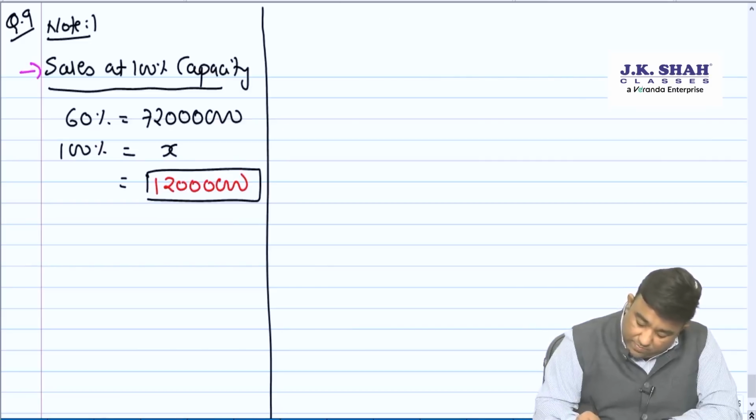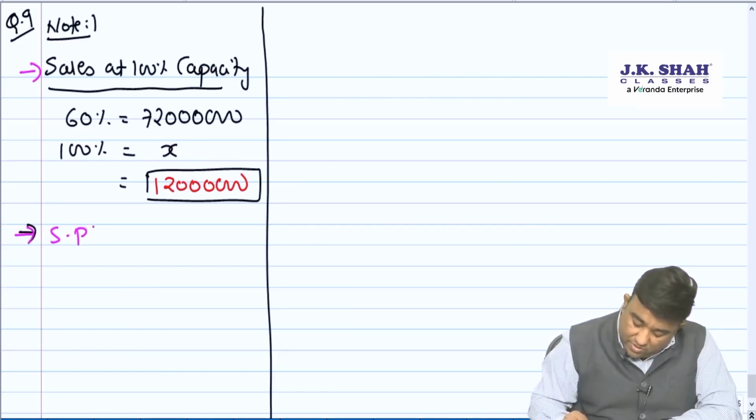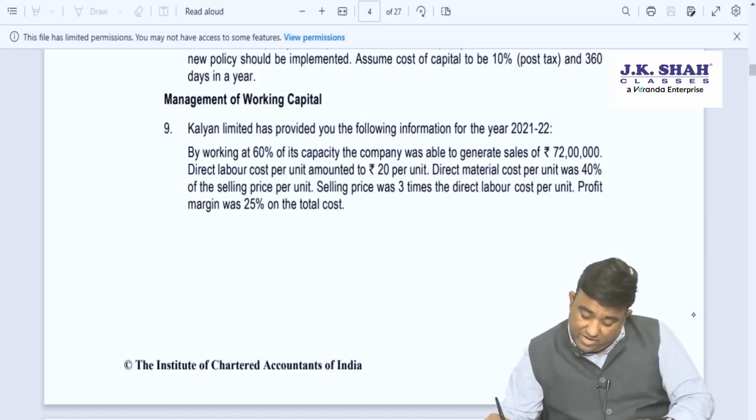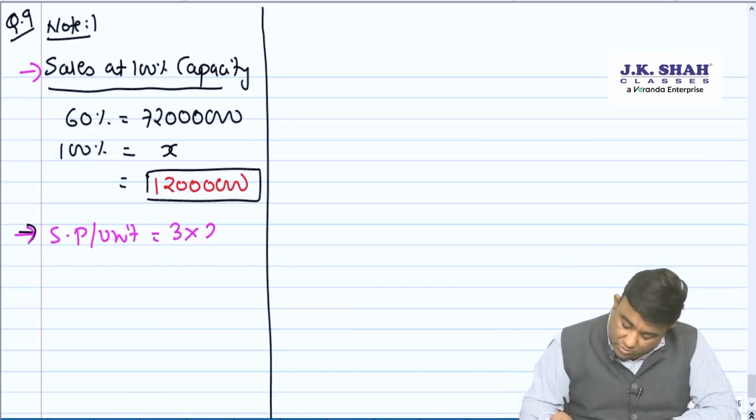In this, further, selling price per unit is 3 times of direct labor cost, which is 20. So 3 times of direct labor cost, that is 20, so selling price per unit is going to be 60.